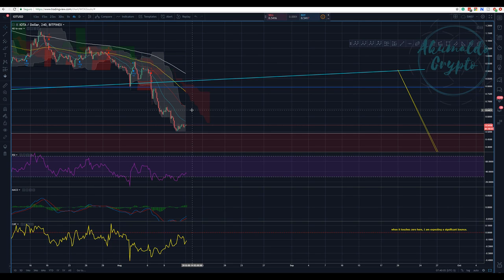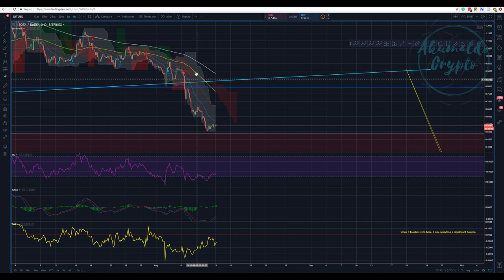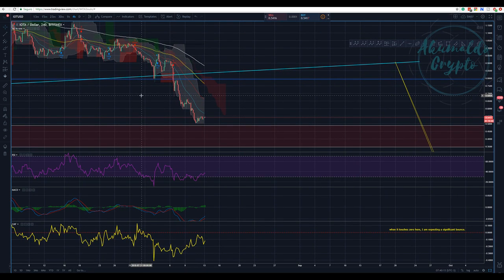So why is that so important? When we have those indicators together, they are gonna give us more predictive power.